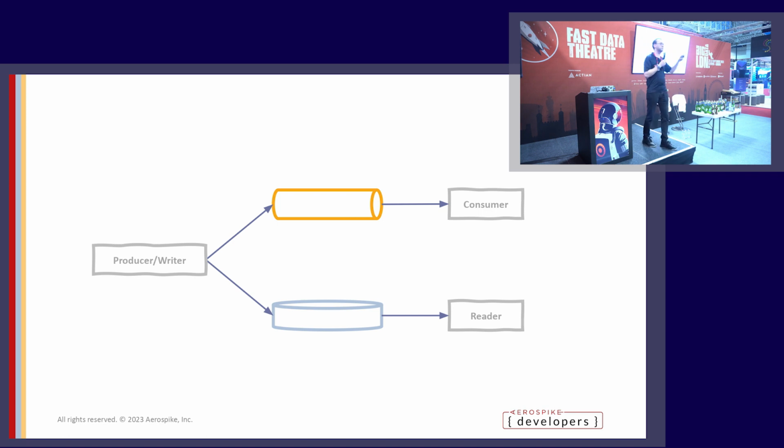The consumer may need to enrich the data coming from the stream with something else in the database, so it accesses the database to do a lookup. So you need both of them. But I completely agree with the previous talk that it is not a good idea to have one producer or one writer writing into both of these different technologies.